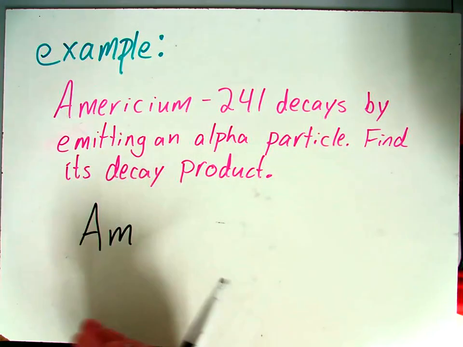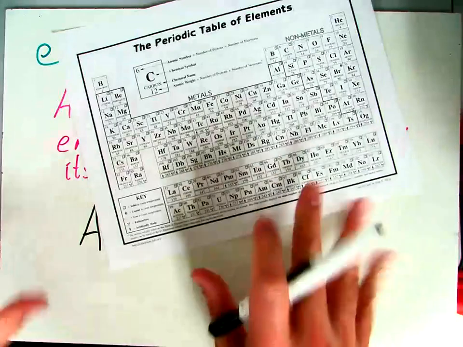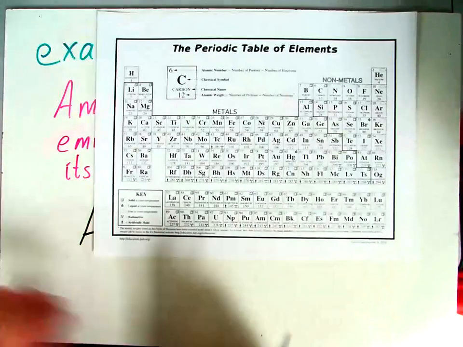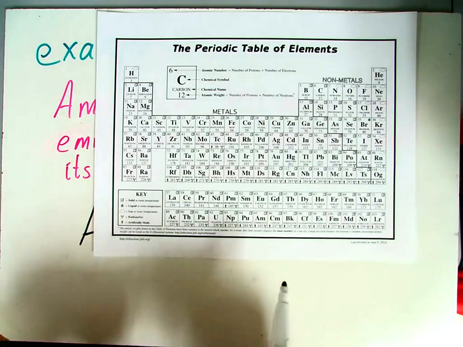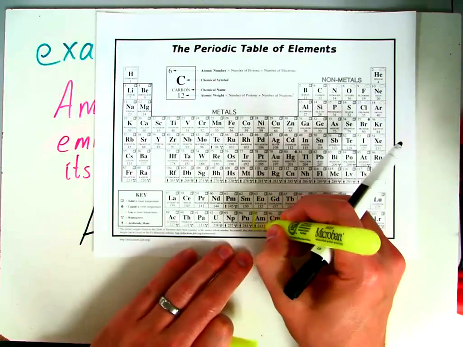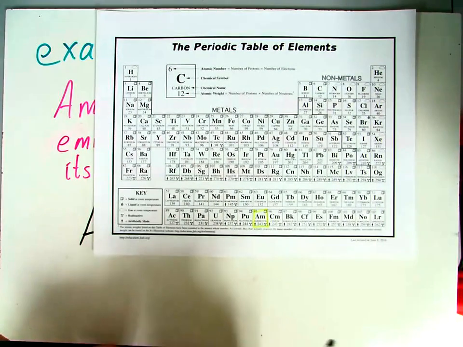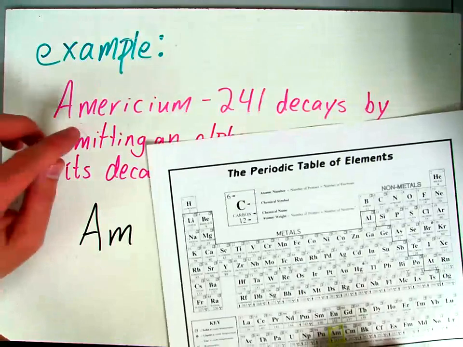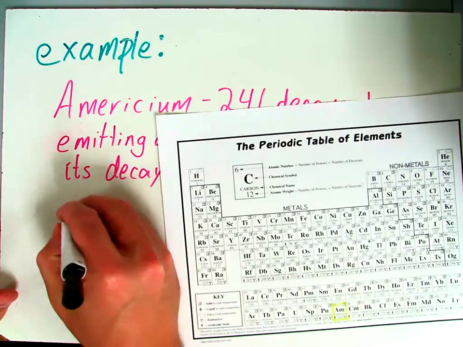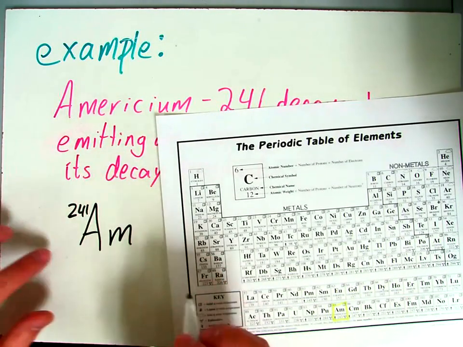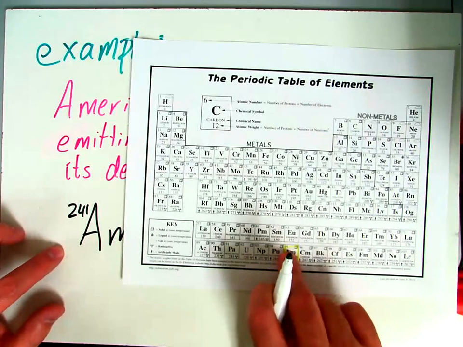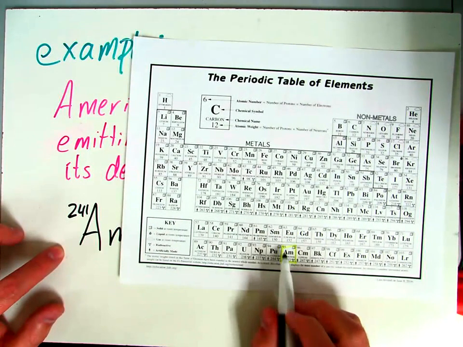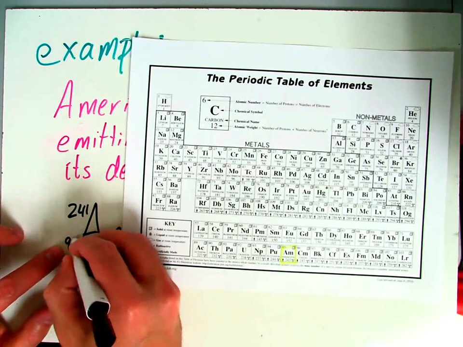We know that by looking at our handy-dandy periodic table. So, americium is right here. We've got americium-241, so we're going to put 241 up here. The atomic number is 95, so we'd put a 95 down here.